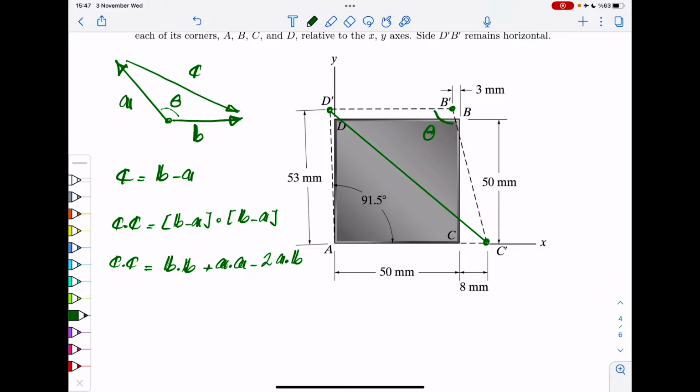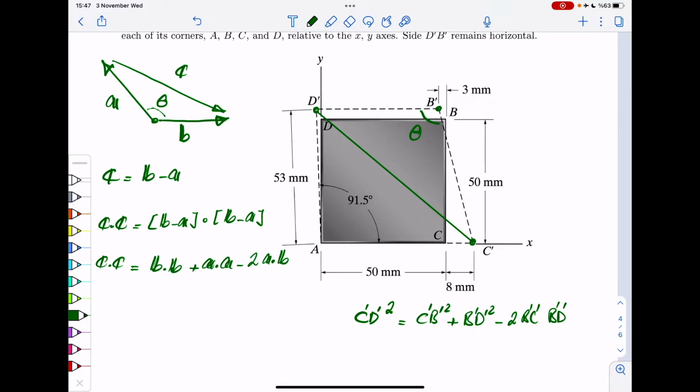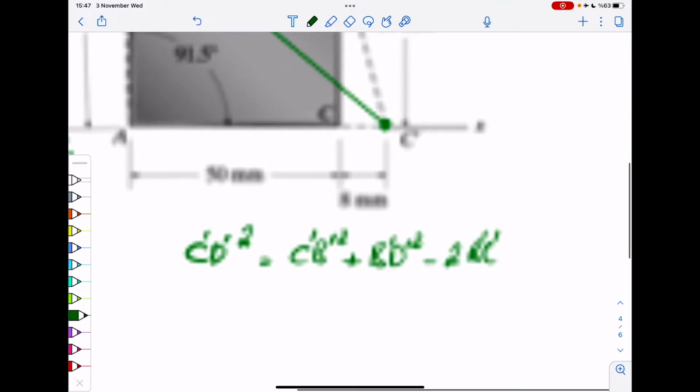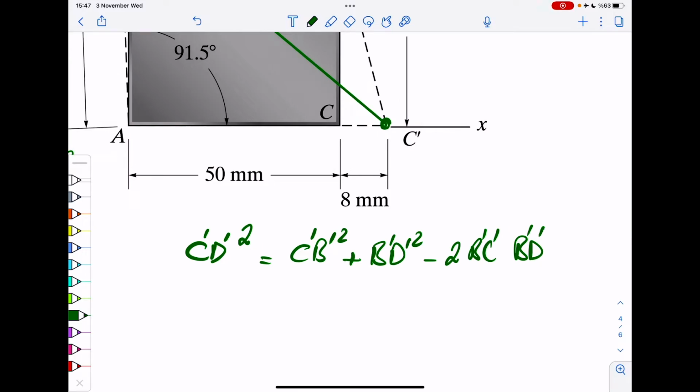Then that means for us that C prime D prime squared is C prime B prime squared plus B prime D prime squared minus 2 times B prime C prime times B prime D prime times cosine of the angle between the two, which is cosine theta.